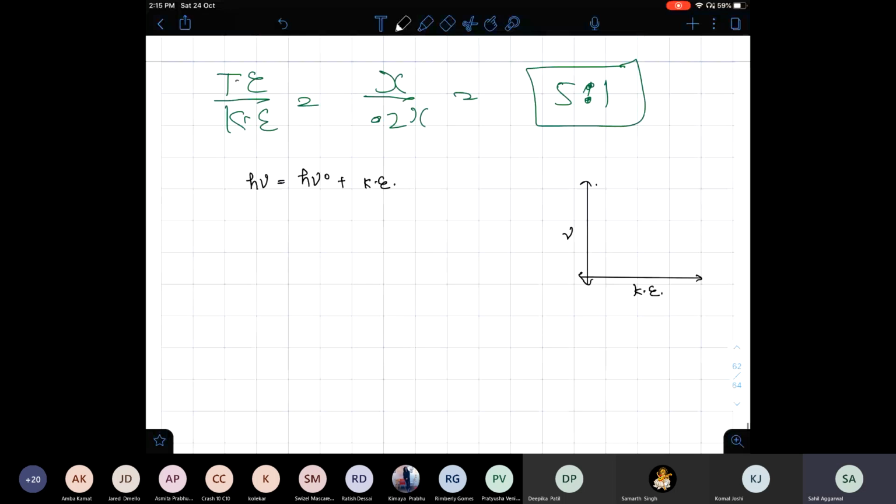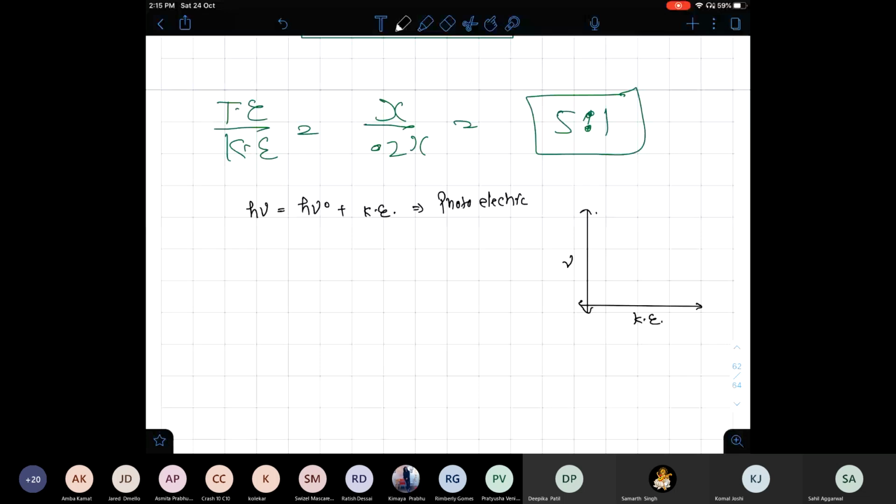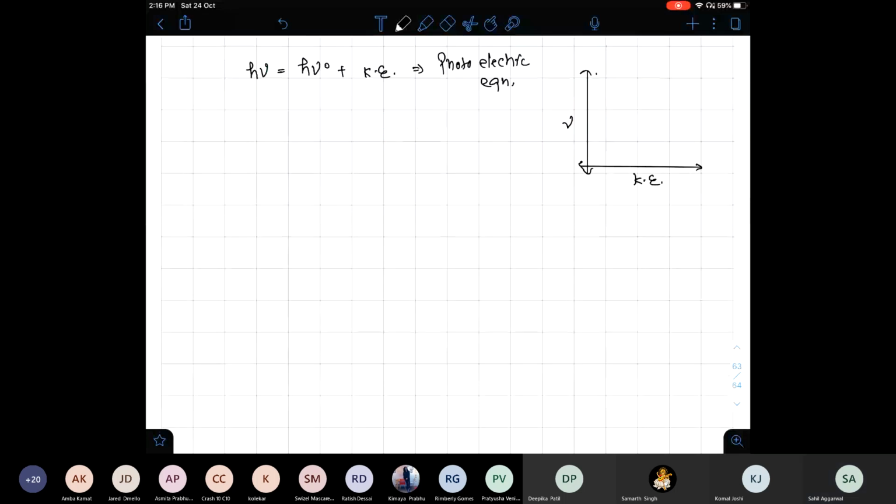We know the equation. What type of graph will it be? First, divide everything by h. Divide the whole equation by h, it will become nu is equal to nu naught plus 1 upon h kinetic energy.